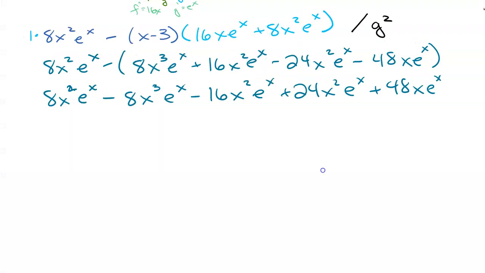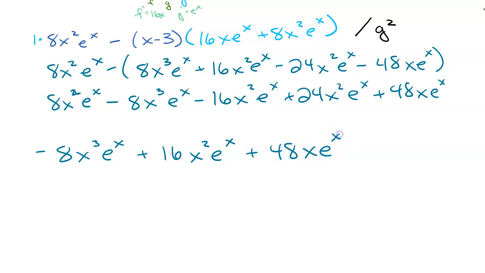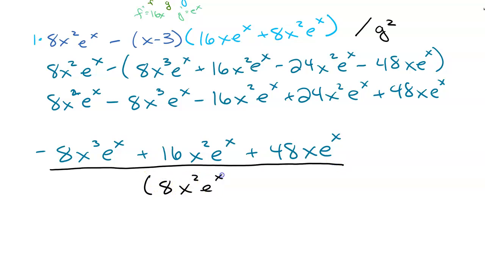And yes, some things just take a little bit. Okay. Combine like terms. So we have, let's see here, negative 16x squared e to the x, plus 48x e to the x. And this is all over g squared. So 8x squared e to the x squared.